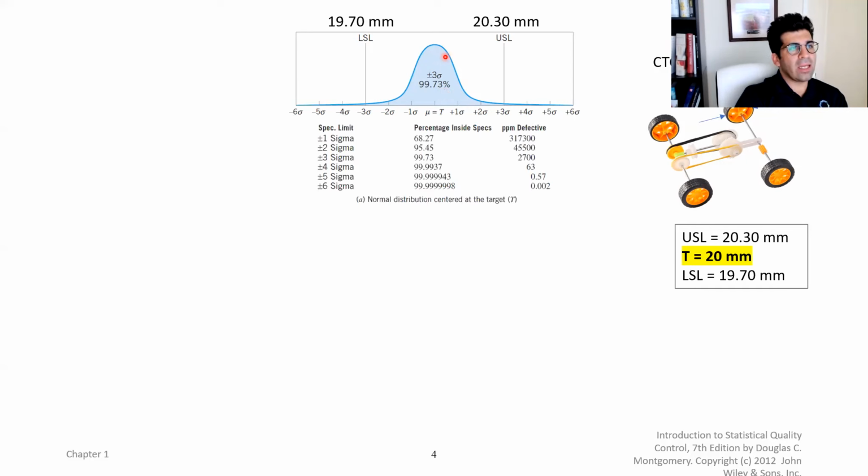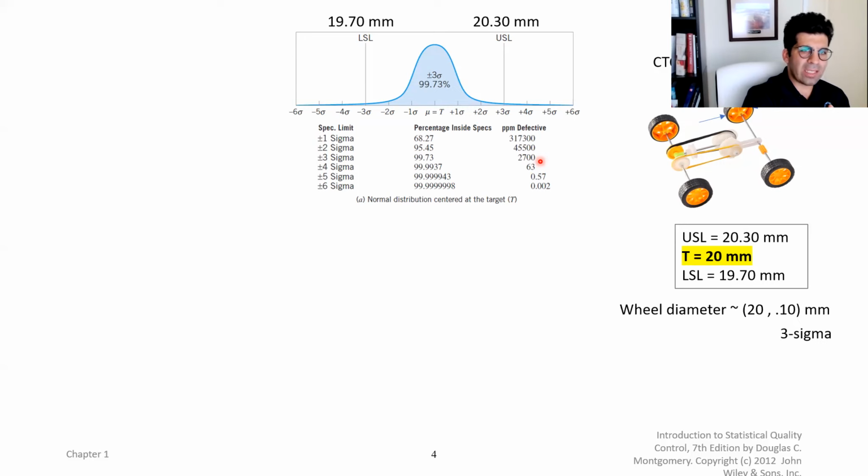It means 99.73% are within the specifications, but 2,700 of the wheels that we're producing per million are defective. So ppm, parts per million, 2,700 will be defective, which means they will be out of the specifications. They will be either larger than 20.30 or smaller than 19.70. All right.